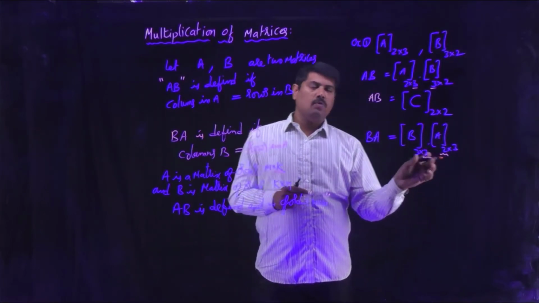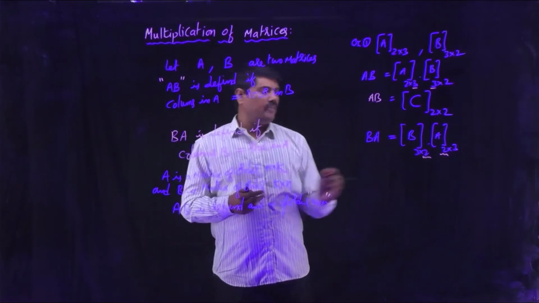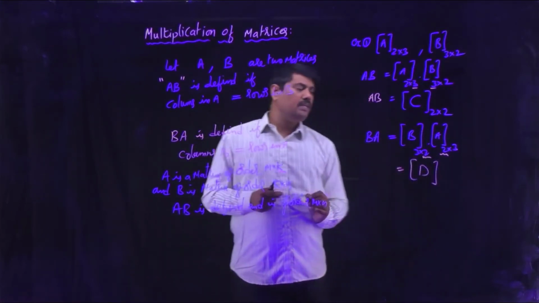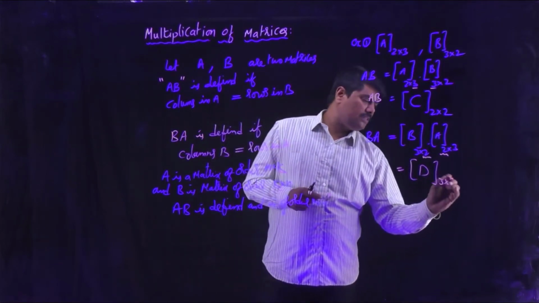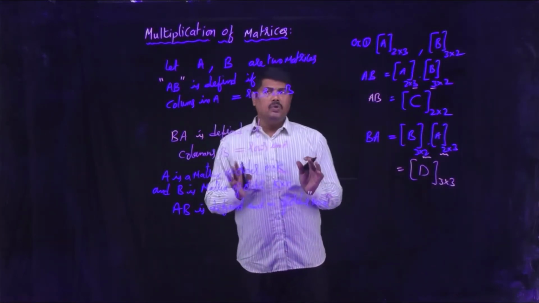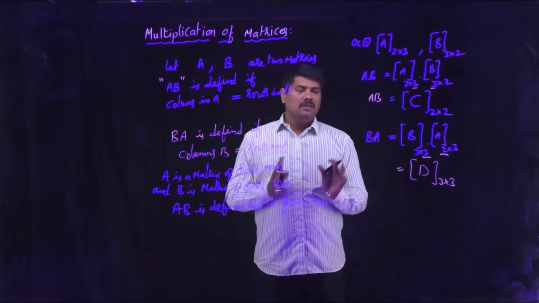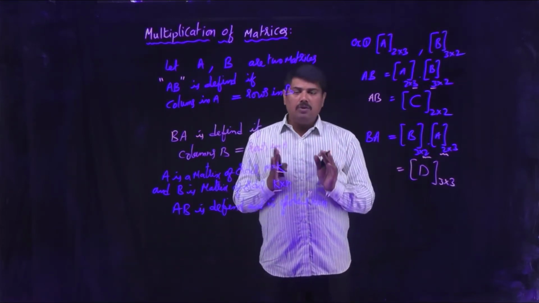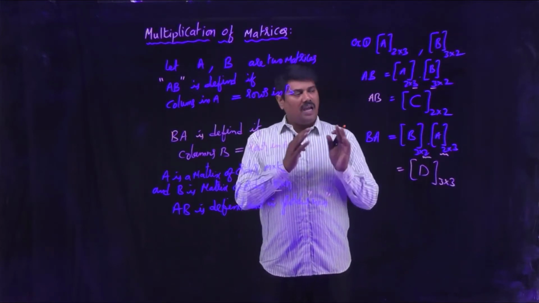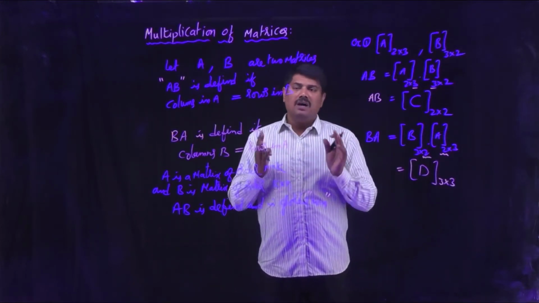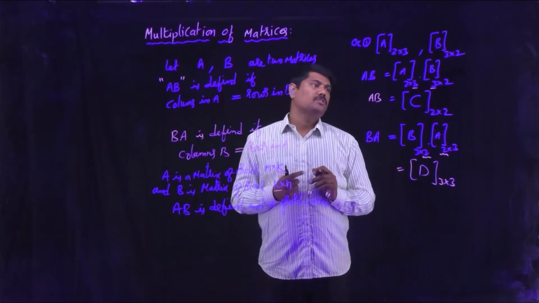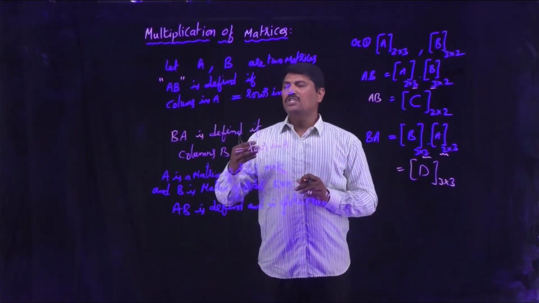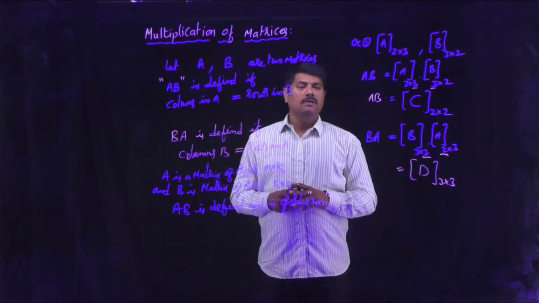Both are equal, so BA is also defined. You get another matrix, name it D, of order 3 by 3. So here you need to observe two points: whether the product is possible or not, and the order of the obtained matrix. This is the basic condition for the multiplication of matrices.